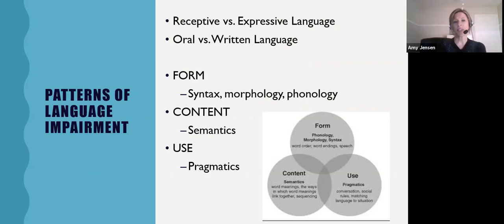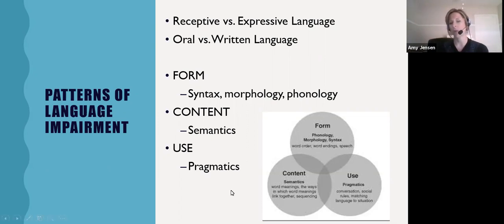Also, there's content, so that refers to semantics, and that is word meanings, how words relate to each other. And then last of all, there's use, and that is more the social aspects of language or pragmatics. So that's conversational rules, social rules, maintaining the topic of conversation, matching the language to the situation.